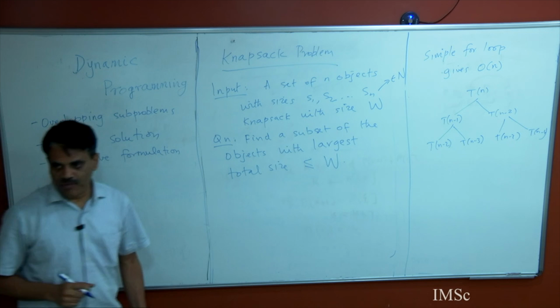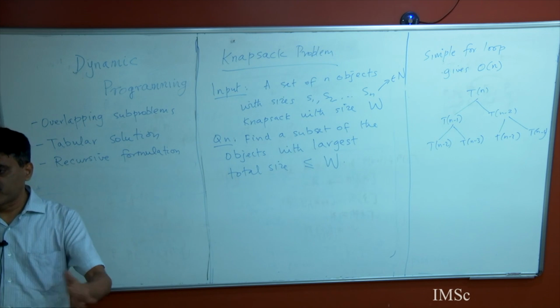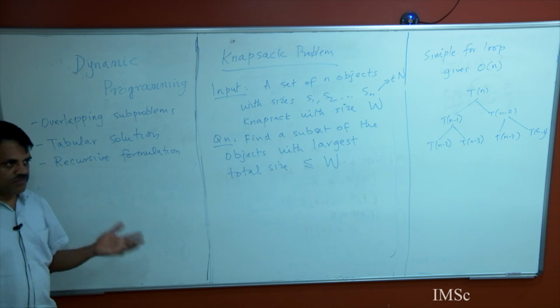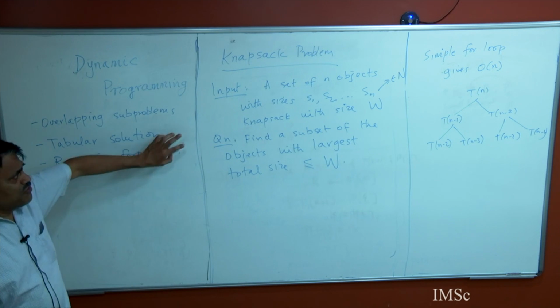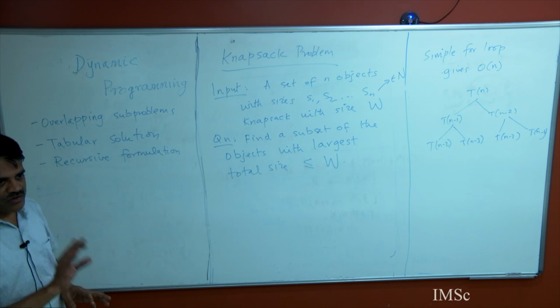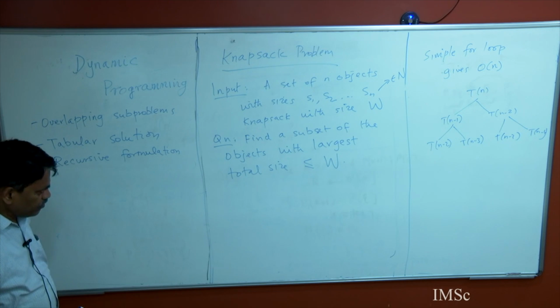So, I have a knapsack with capacity W or size W, and I want to pick up some objects from here and put them in my knapsack as much as possible. And there are variations of this problem where these objects also come with some profit and so on, but let us look at the simple version.